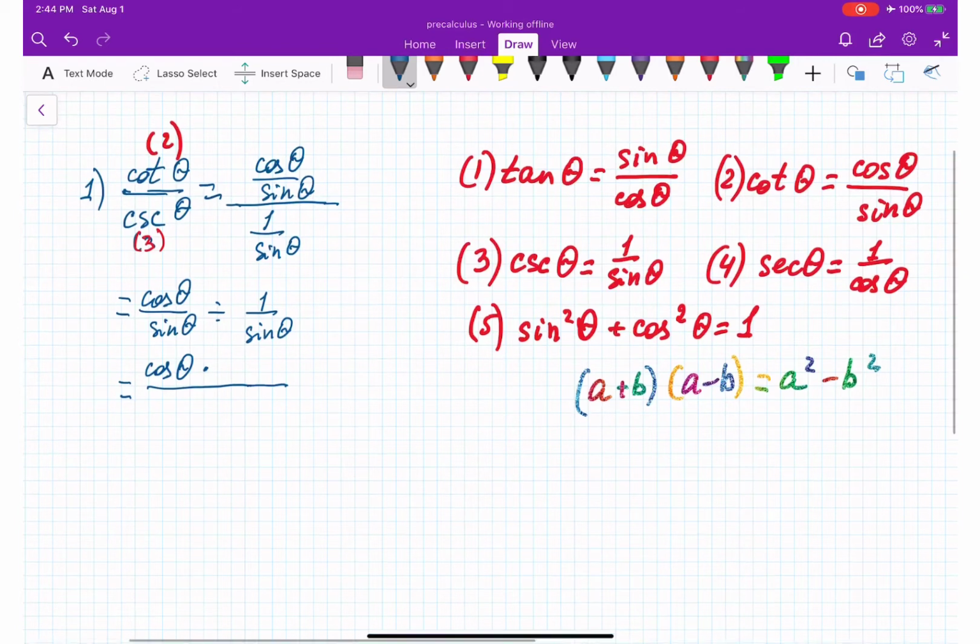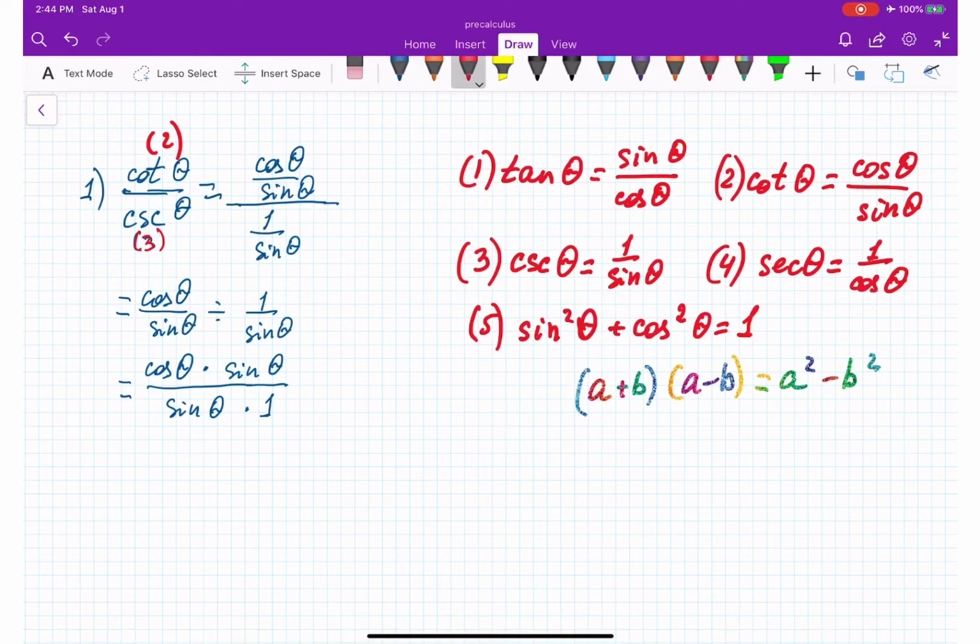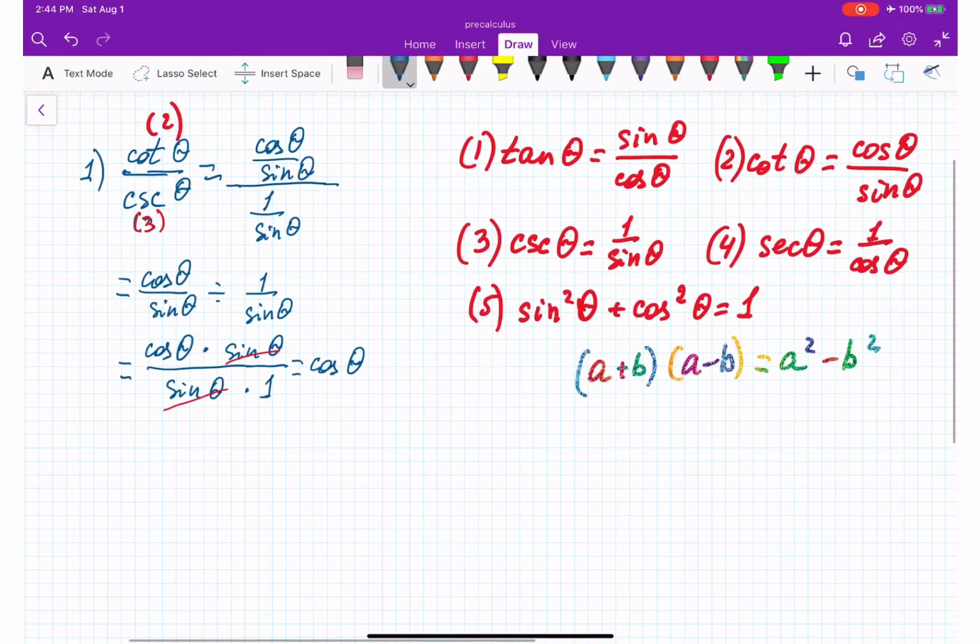So cosine theta times sine theta, and at the bottom we get sine theta times 1. Practically I'm taking this sine theta multiplied by this 1 and cosine multiplied by this sine. Canceling this with this, we are getting cosine theta. So this is the final answer.